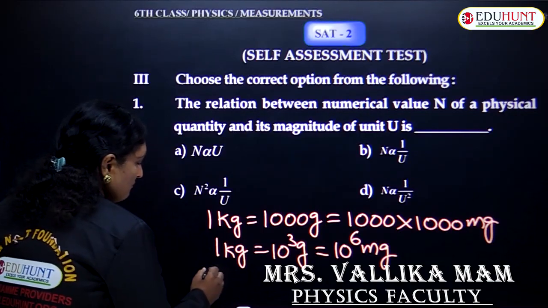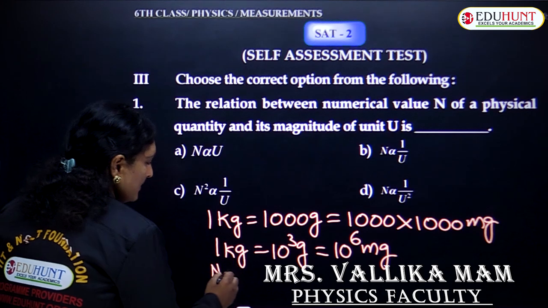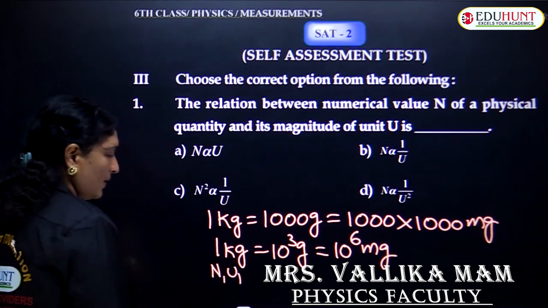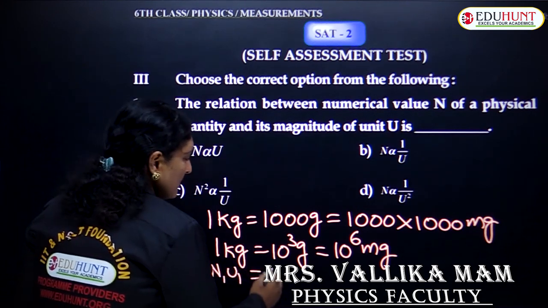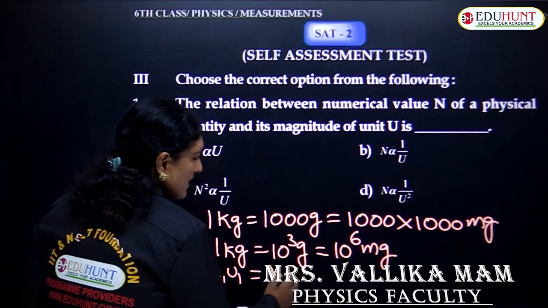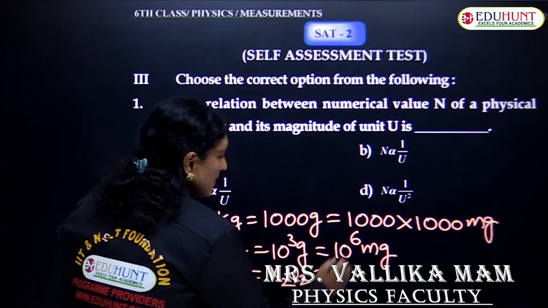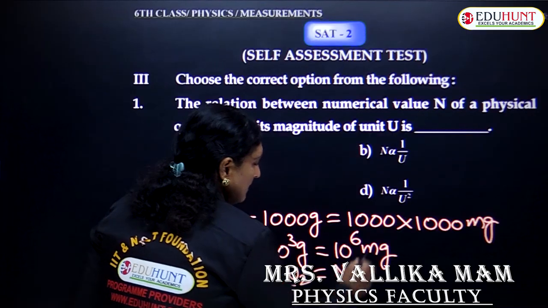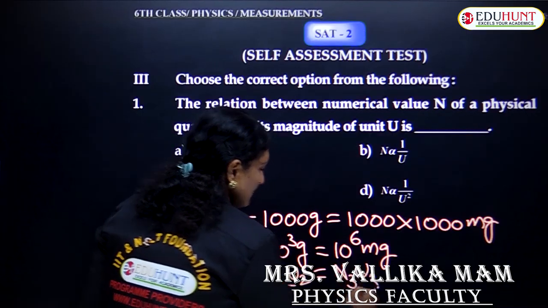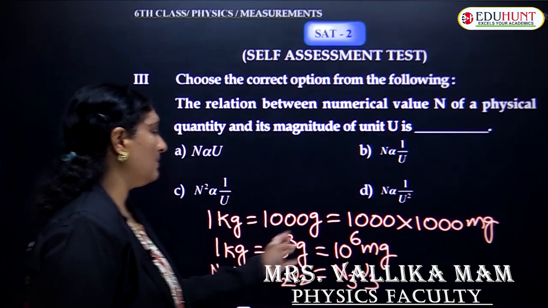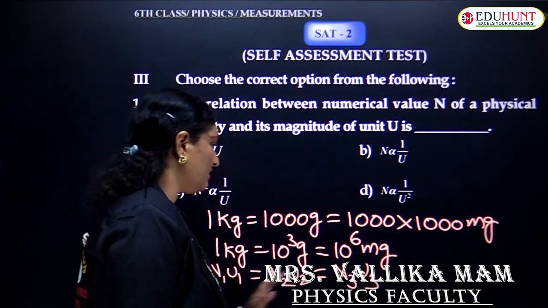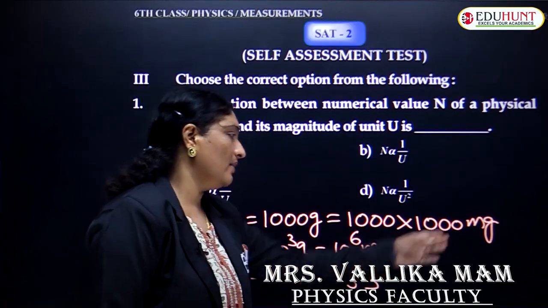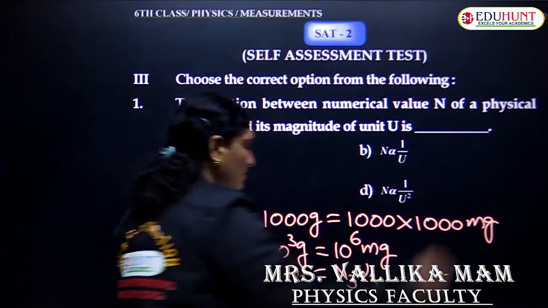If I represent 1 as N1 and kilogram as first unit U1, this may be represented as N2 and gram with some U2, and 10 power 6, let us name it as some numerical part 3 and milligram as U3. Here, if you further simplify it for the other units, it will be N4, U4, N5, U5, and so forth.